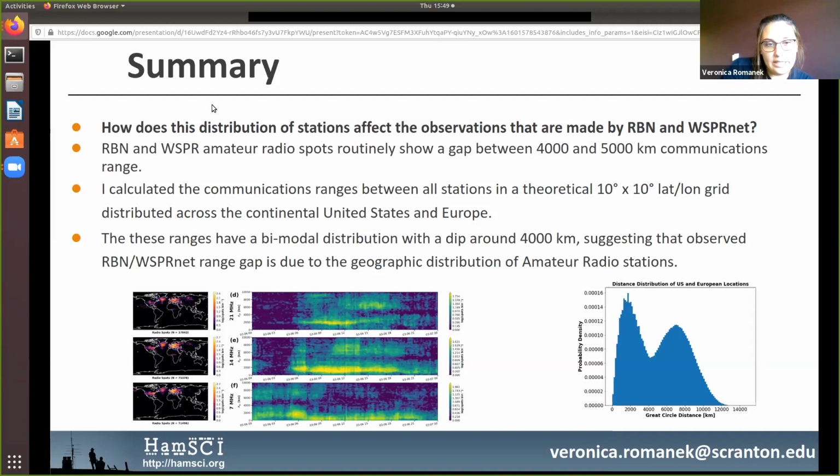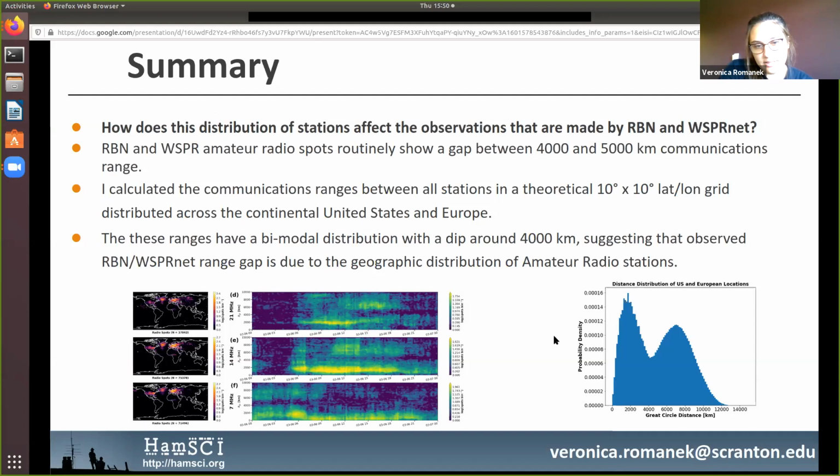So I calculated the communication ranges between all the stations in a theoretical 10 degree by 10 degree latitude and longitude grid, distributed across the continental United States and Europe. And then I found these ranges have a bimodal distribution with a dip around 4,000 kilometers, suggesting that the observed RBN and WSPRnet range gap is due to the geographic distribution of amateur radio stations.